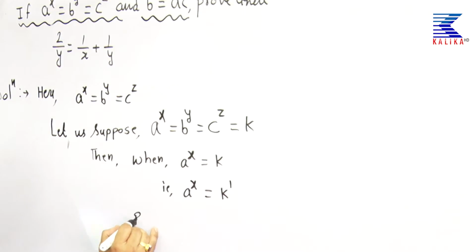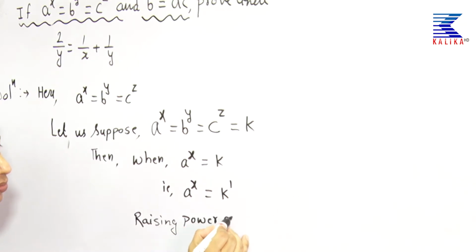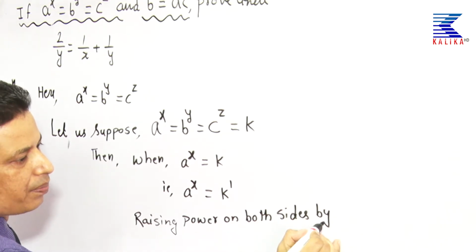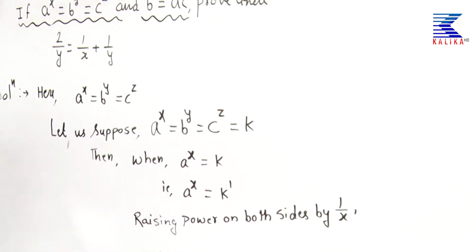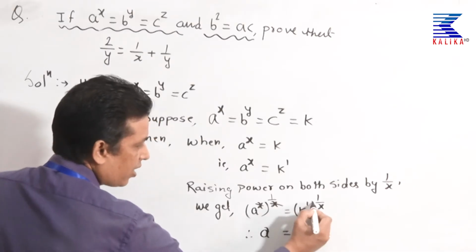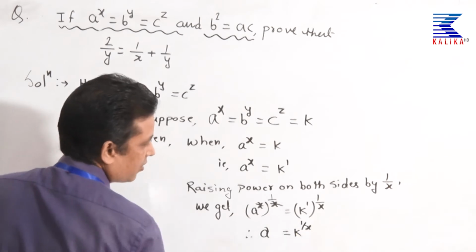Now, raising power on both sides by 1 by x, dear student, we get a to the power x whole to the power 1 by x is equal to k to the power 1 whole to the power 1 by x. This x we can cut. Therefore, we get the value of a in terms of k: k to the power 1 into 1 by x, this is 1 by x.